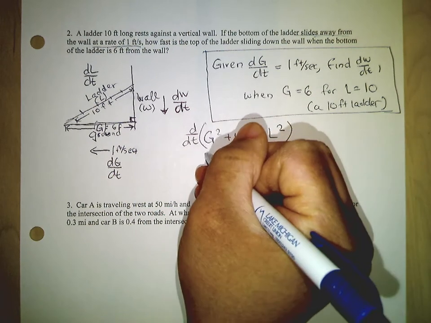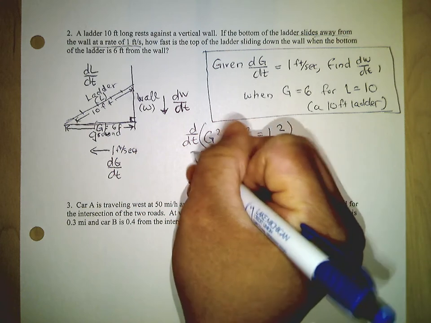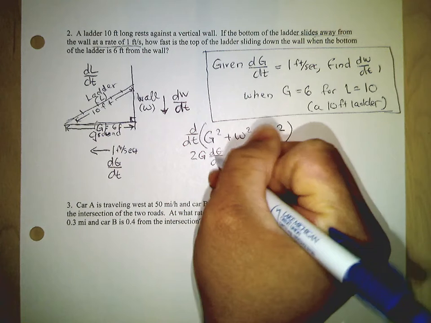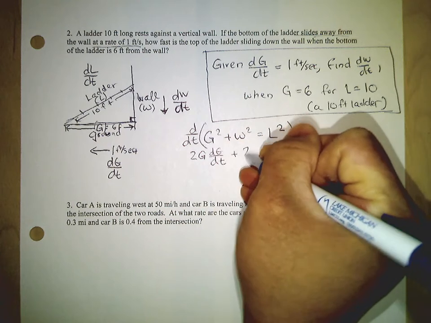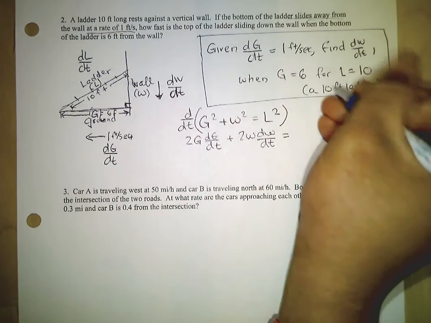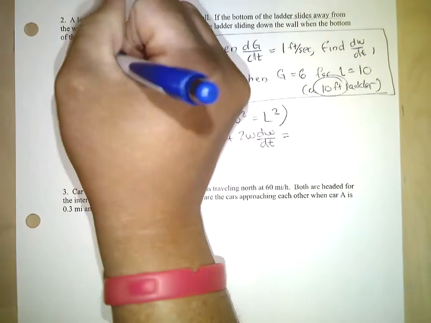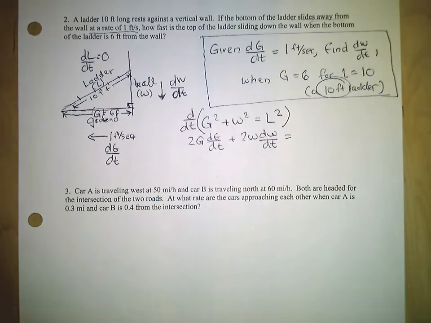So this is actually 2g dg/dt plus 2w dw/dt equals, now remember the ladder was 10 foot no matter what, so that actually is 0 because the length of the ladder is not changing.